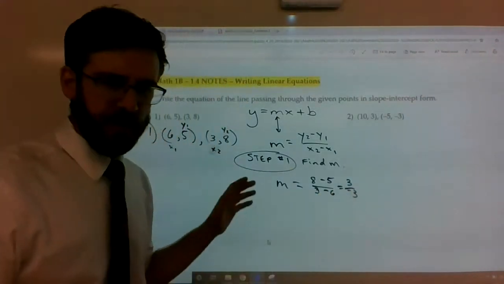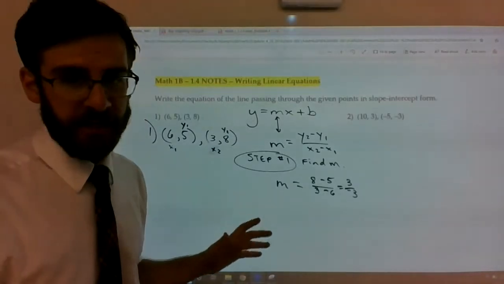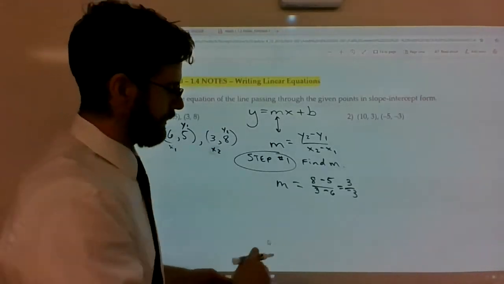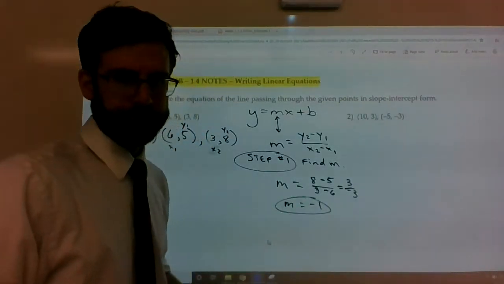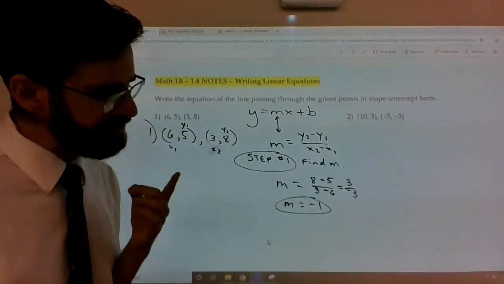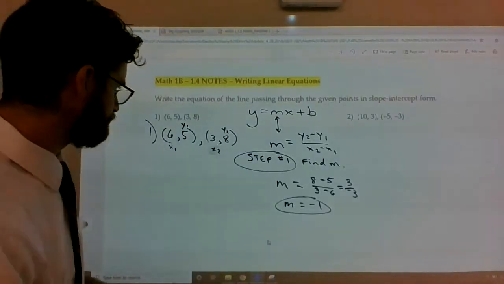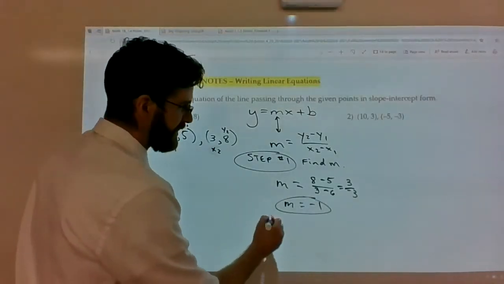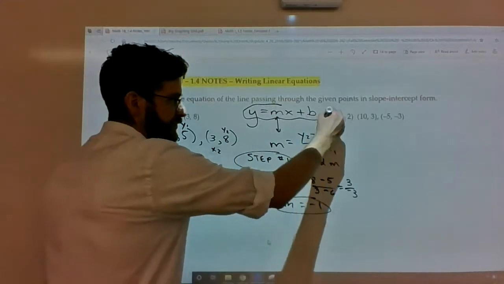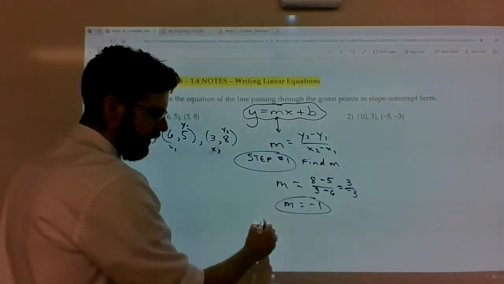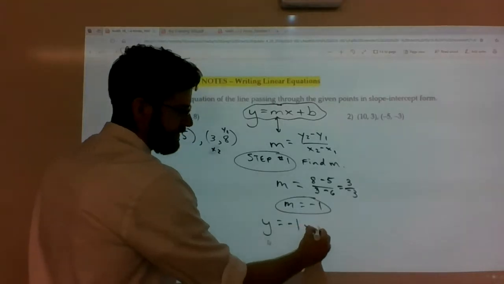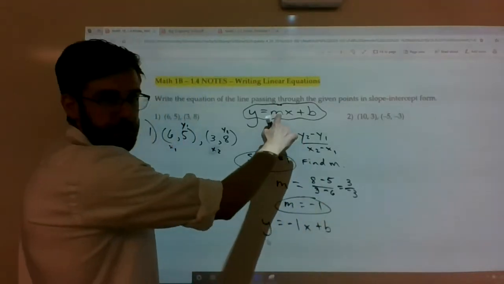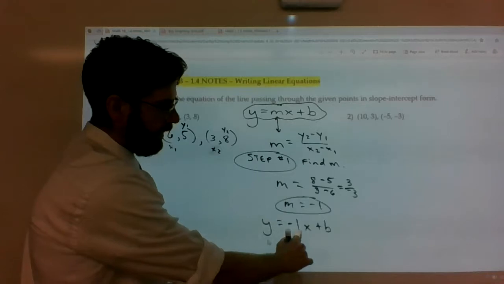And then for these equations, you can just simplify that fraction, and if it's a whole number, just keep it as a whole number. M equals negative 1. So that's the first step to this. Always find the slope first. And then that gives us a piece of this puzzle right here. We know that it's now y equals negative 1x plus b. See the m? It's now negative 1.